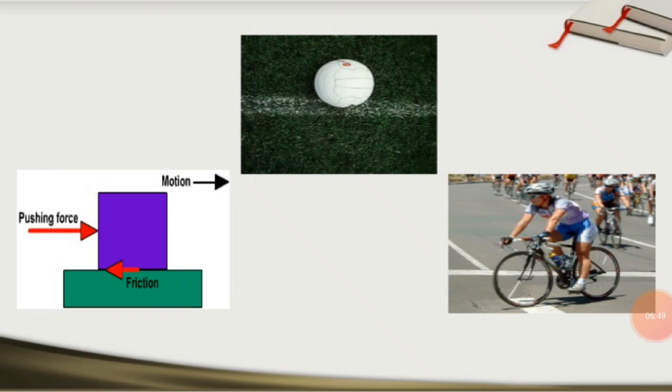On the other hand, when the surface of the brick is made rougher by wrapping a jute cloth, the friction with the floor increases. Thus, friction depends on the nature of the two surfaces. That is, the friction depends on the smoothness and the roughness of the two surfaces.